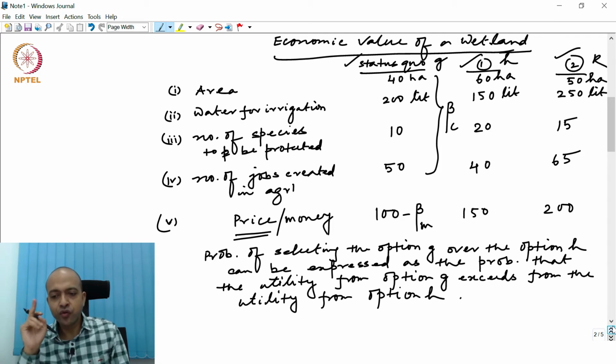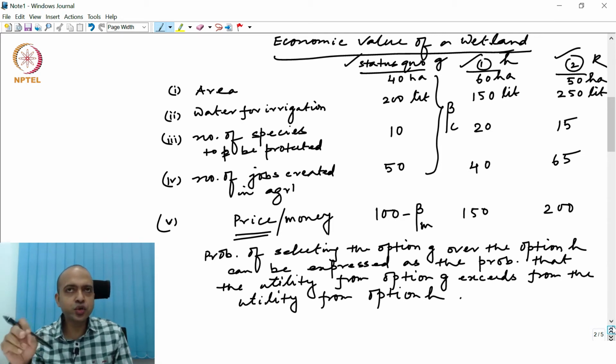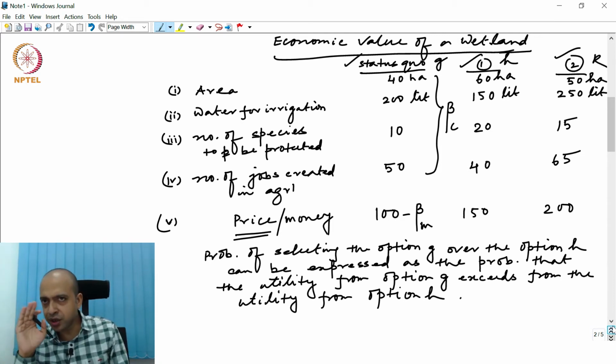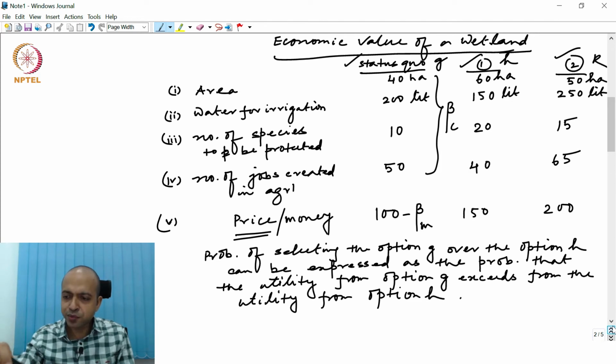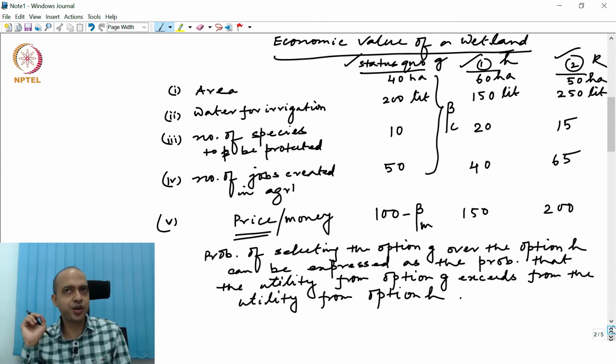For two reasons. Firstly, here we have a status quo situation. That means the respondents already know there is some existing product, and the other scenarios are thought of as an improvement over the status quo. Also, we have specifically mentioned the attribute levels for each and every attribute.